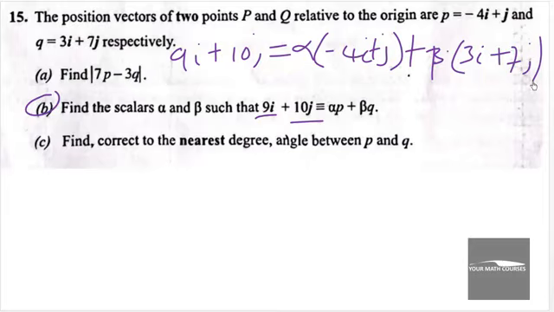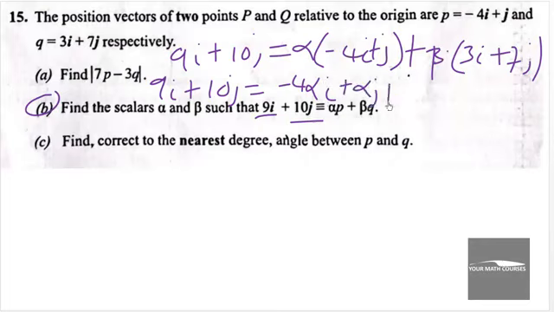What do we do next? Let's expand. So we have 9i plus 10j equals negative 4 alpha i plus alpha j, plus 3 beta i plus 7 beta j.